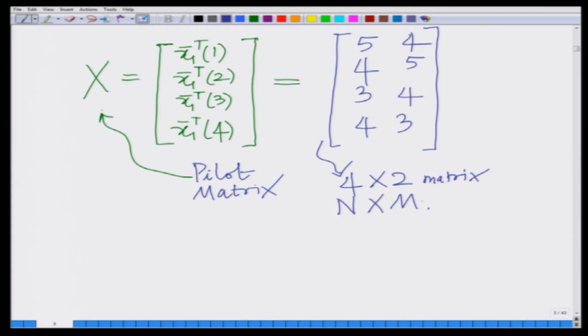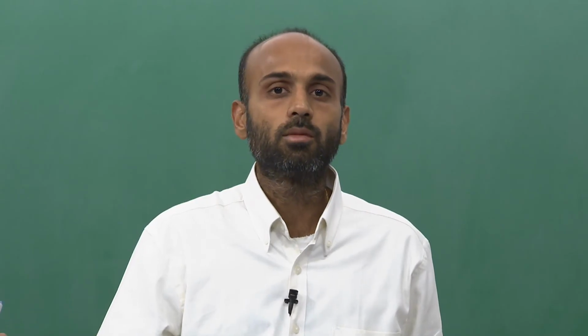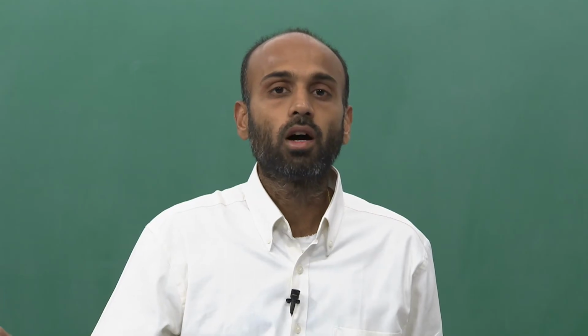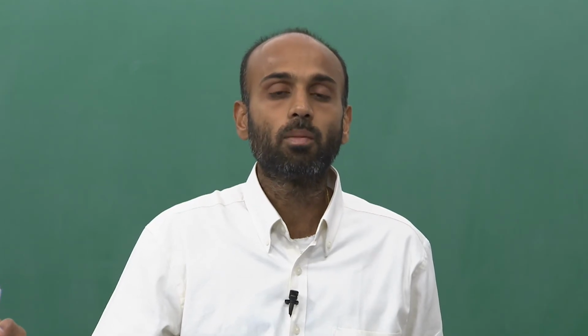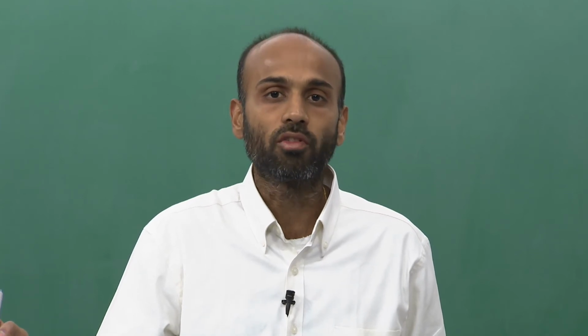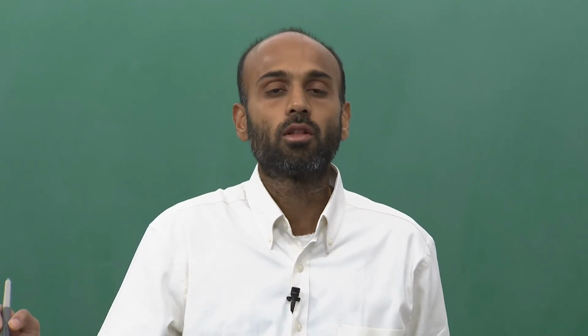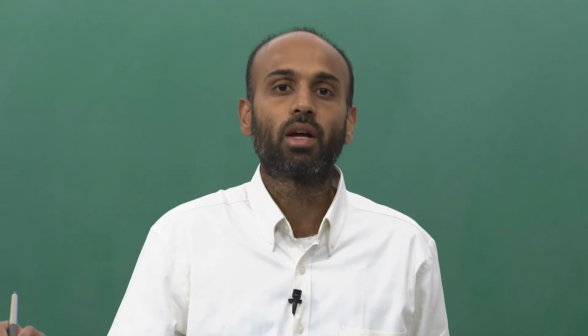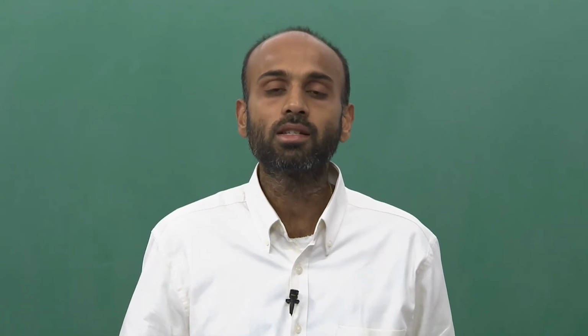Remember, we said that the pilot matrix is an n cross m matrix, where n is the number of transmitted pilot vectors, which is equal to 4 in this case, and m is the number of unknown coefficients, m is equal to 2 in this case. So, the pilot matrix X is a 4 cross 2 matrix.